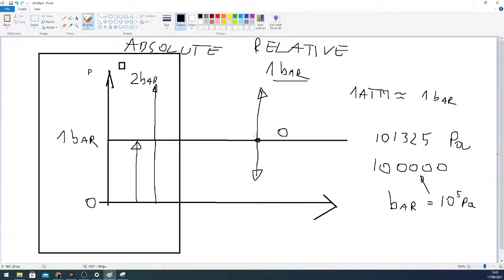So for example, if we go down from the atmospheric level, it starts to show negative values, for example minus 0.5. That means we have minus 0.5 bars of vacuum pressure in relative scale.